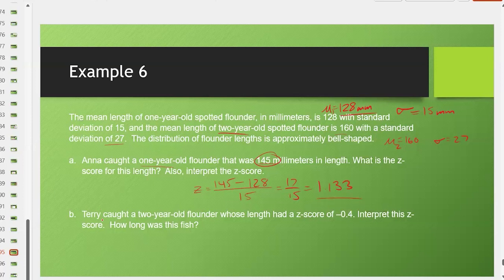And so this just means that it's 1.13 standard deviations above the mean. That's what we mean by interpreting the z-score. It's giving us a position relative to the data.